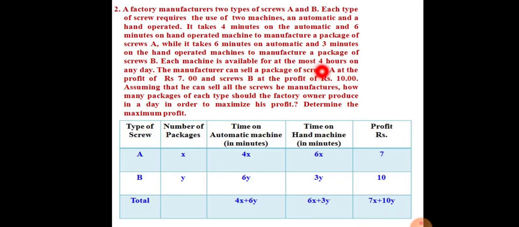Convert this to minutes, because the given data are in terms of minutes. So 4 into 60 is 240 minutes. That is the maximum he can operate his machines, 240 minutes or 4 hours any day.